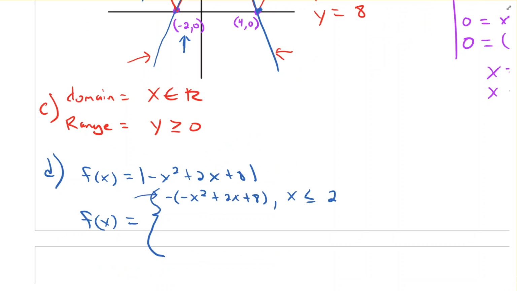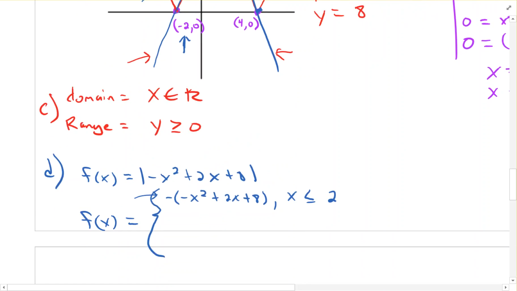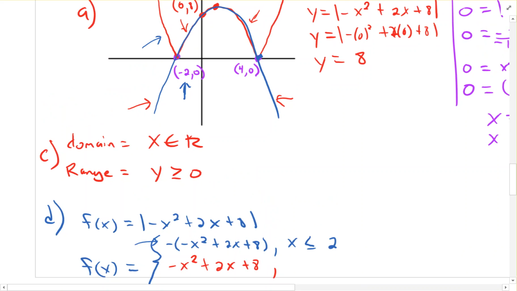It's going to be our original function in this middle section between our invariant points. That was the same as the original function without being flipped. So it's just negative x squared plus 2x plus 8 when, now we have to figure out when. It's when x is greater than negative 2 and less than 4, that middle section.